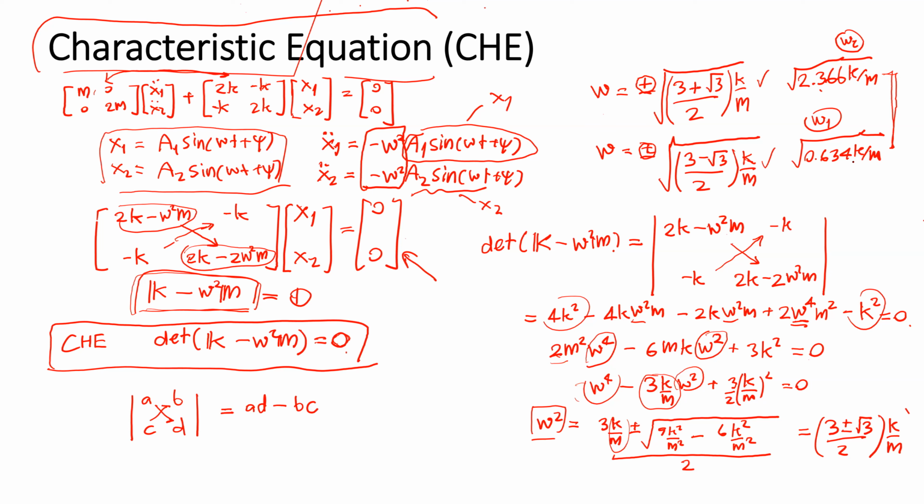So until now, in this slide, from our equation of motion, by using this assumption from the observation, we can compose the matrix equation. And the characteristic equation in the scalar form is obtained through the determinant.